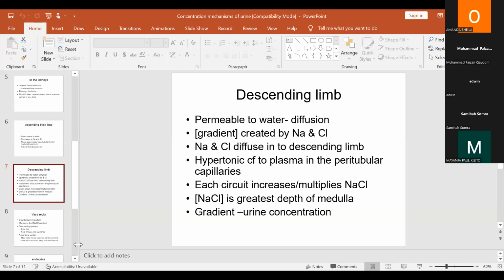Now, when you look at the descending loop of Henle, we already talked about it earlier. We said that if you start at the proximal convoluted tubule, the milliosmoles of the urine is just the same as that of plasma, 300 milliosmoles.